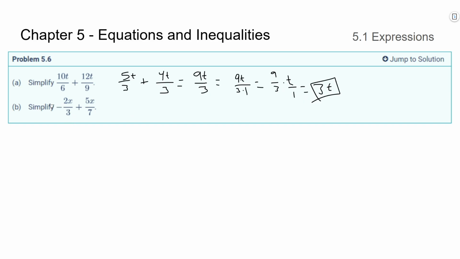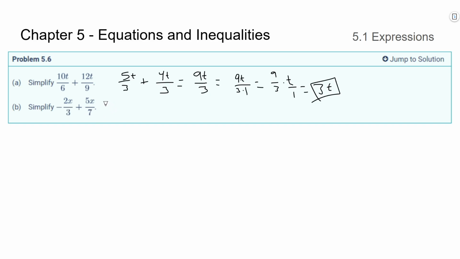Okay. And now this next one, we have negative 2x. Again, remember that negative. So let's see, we need a common denominator here. What's the lowest common denominator? Looks like 21, 7, 14. Those are not multiples of 3, so 21 will be it.